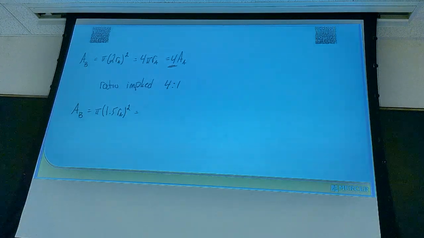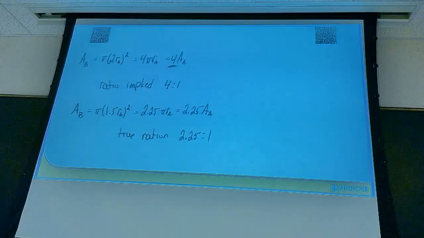So 1.5 squared is 2.25. The true area ratio should be 2.25 to 1, not 4 to 1. It's about 1.8 times larger than it should be.